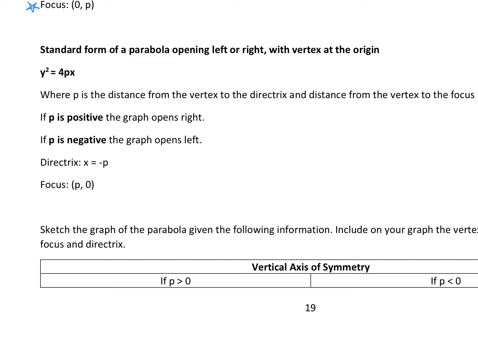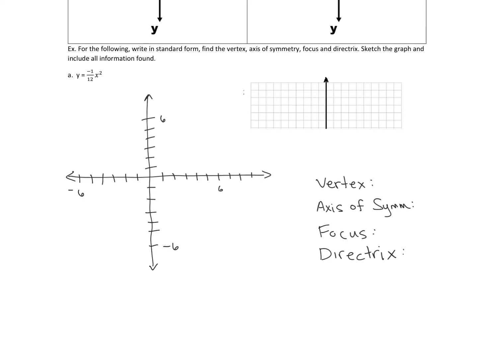So if it opens left or right, we're going to have y squared equals 4px. p is that distance we talked about. If p is positive, it'll open to the right. Negative, it'll open to the left. The directrix is x equals negative p, and the focus is (p, 0). So my table got split on two different sides, but I have fixed this on the next slide.